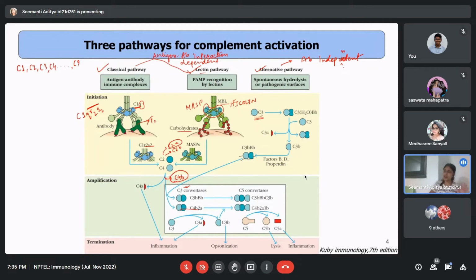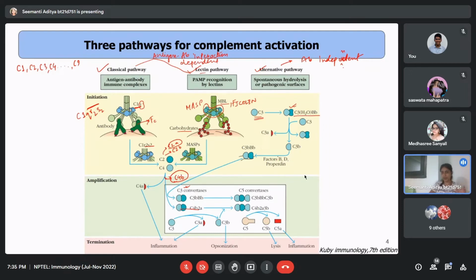C3 will undergo spontaneous hydrolysis, and this will result in the formation of a fragment like C3H2O. This fragment of C3 can bind to other proteins like factor B or factor D, and get converted to C3b and C3a, along with a small fragment of factor B.